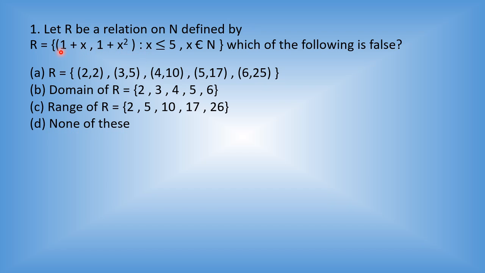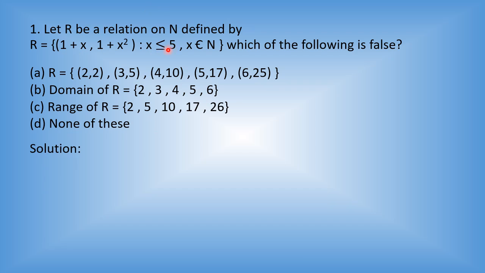The relation R is defined as the set of all ordered pairs (1 plus x, 1 plus x square) such that x belongs to the set of natural numbers and is less than or equal to 5. That means x can take the values 1, 2, 3, 4, 5. If we substitute the value of x in this ordered pair, we will get the elements.